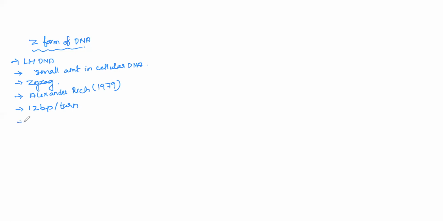And one complete helix is 45 Angstrom against 34 Angstrom in B-DNA, right? The diameter of this DNA is 18 Angstrom, which is against 20 Angstrom in B-DNA.